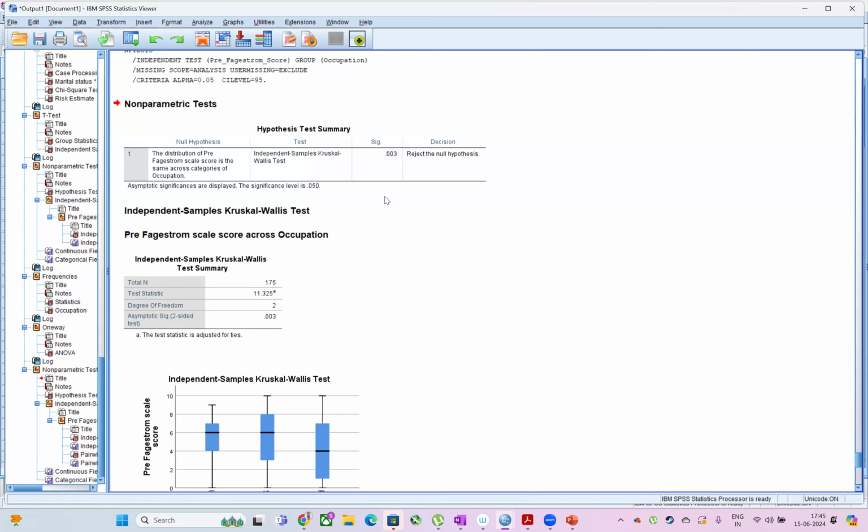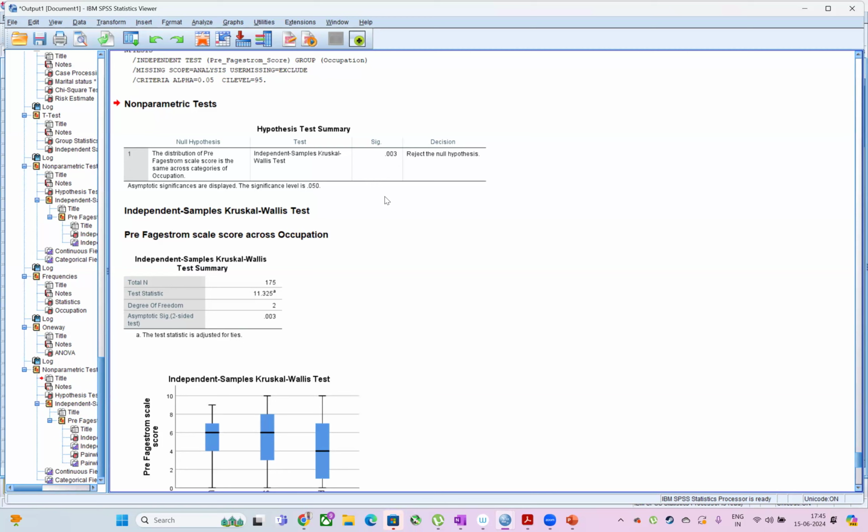Again, dependent variable quantitative numbers, independent variable with 3 categories: you go for one-way ANOVA in case of normal distribution. If not, you go for the Kruskal-Wallis test. Clear till now?